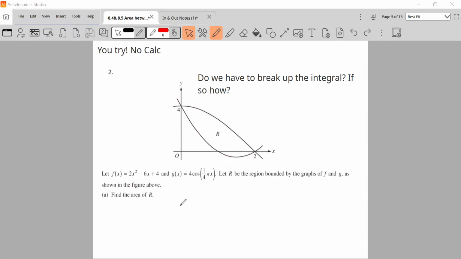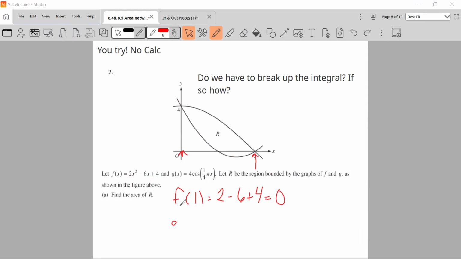That's not happening. With a calculator, no problem, but without a calculator, I can't solve that. But from here, if I go, okay, well, I don't know which one's on top, all you have to do is plug a value between the two bounds. So in this case, between 0 and 2, whatever has the bigger y value is the top function. So what's a good value between 0 and 2? 1. So if I plug f of 1 in, I'm going to get 2 minus 6 plus 4, which is equal to 0.